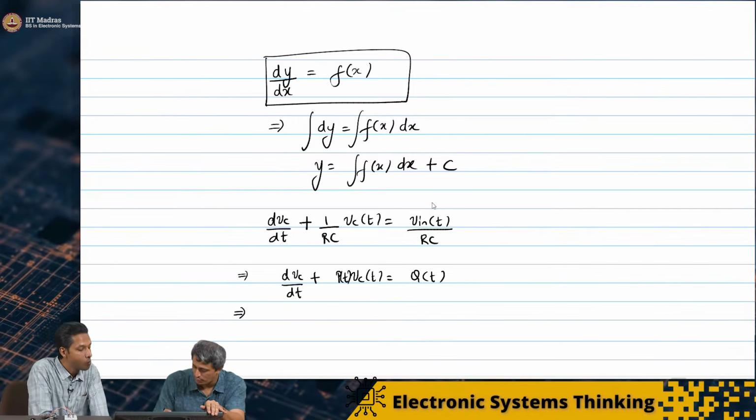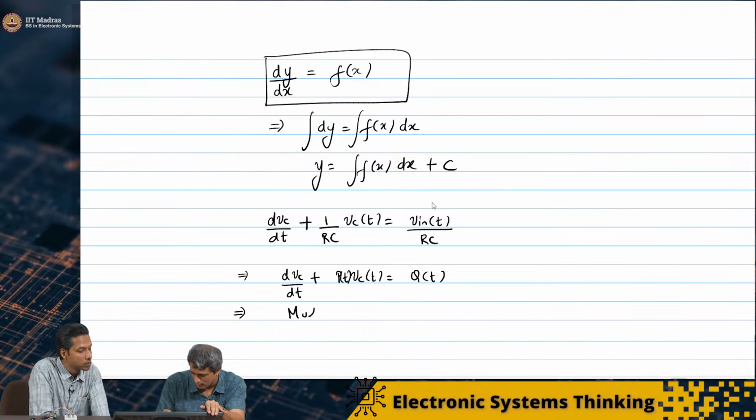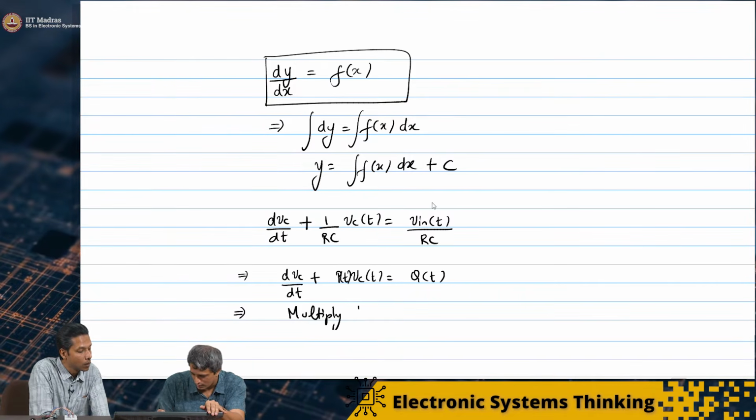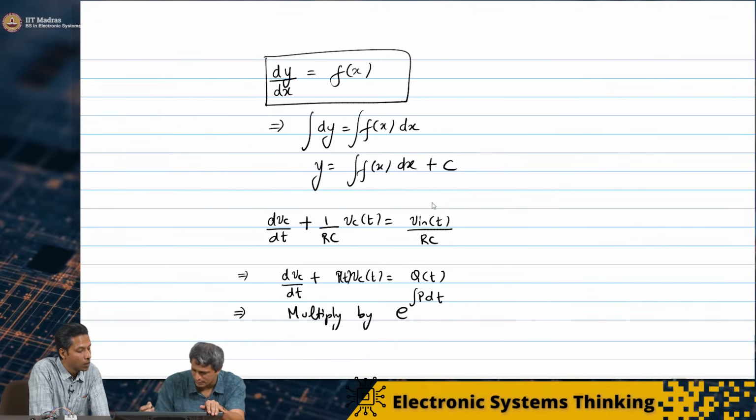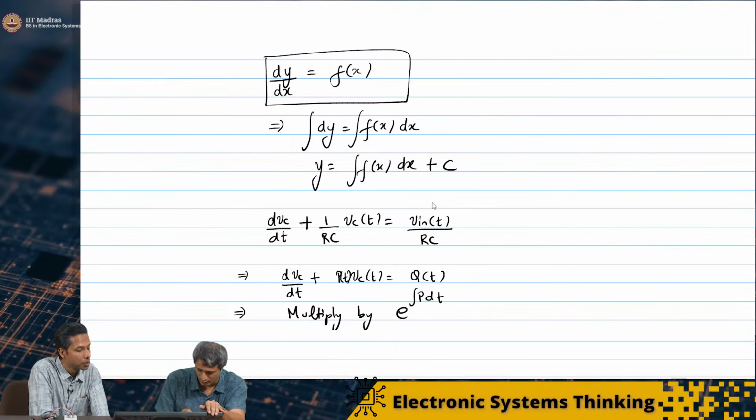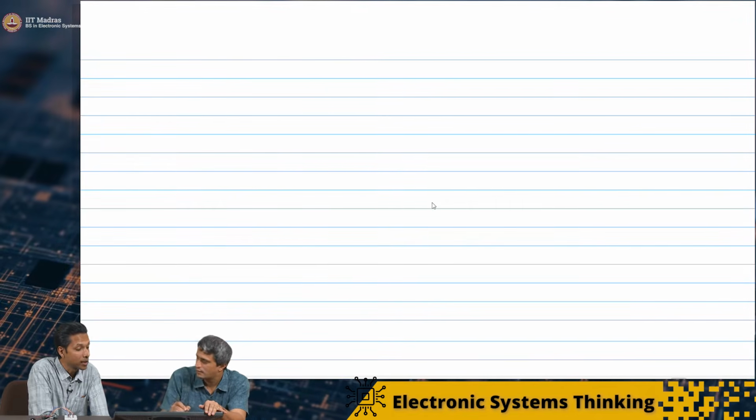So I am going to multiply by e power integral p dt. Just bear with me as to why I am doing such a weird thing. As long as I get some answer, I am happy.